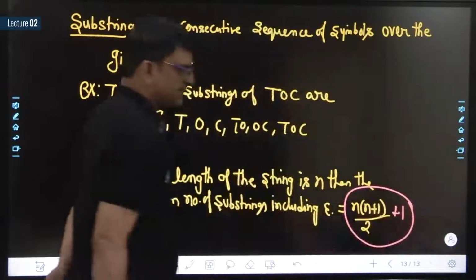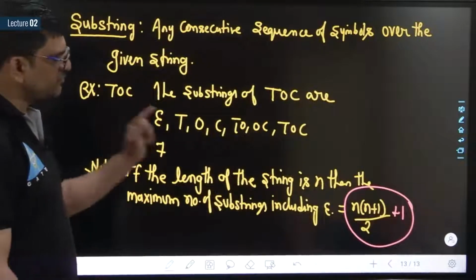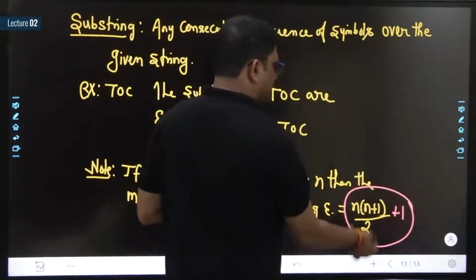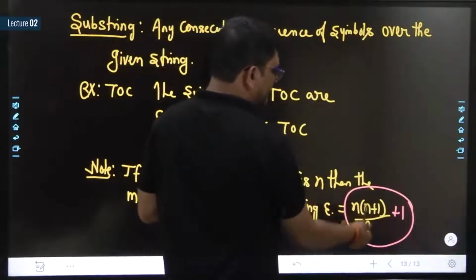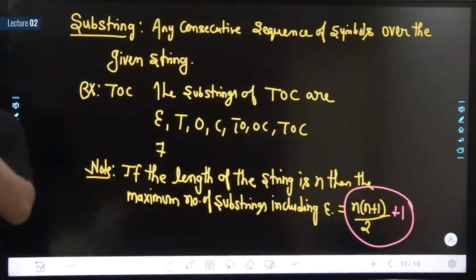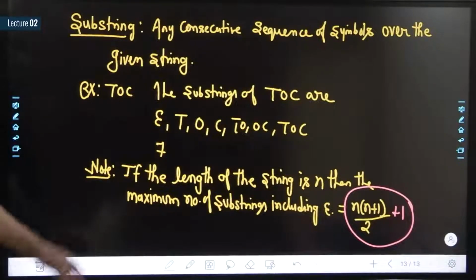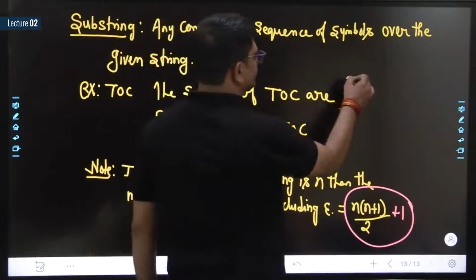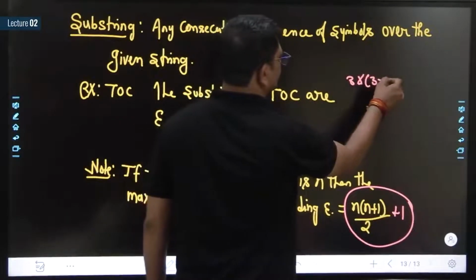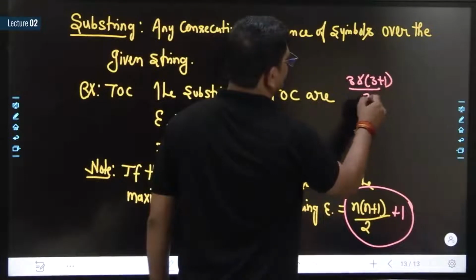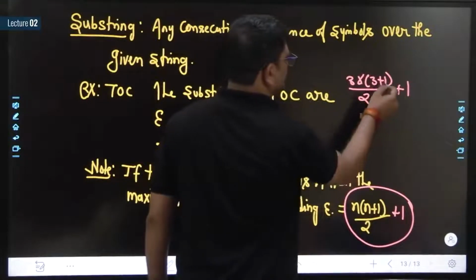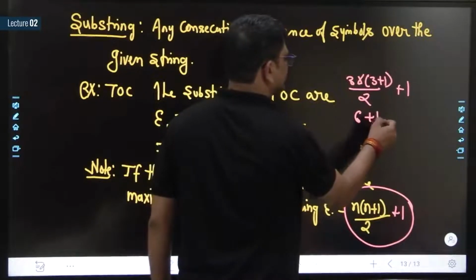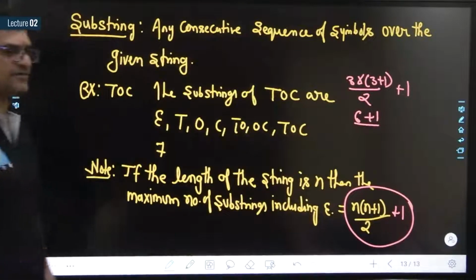If we exclude epsilon, the maximum number of substrings is n into n plus 1 divided by 2. Check TOC: the length is 3. 3 into 3 plus 1 divided by 2 plus 1: 4 into 3 is 12, 12 divided by 2 is 6, 6 plus 1 is 7, including epsilon.